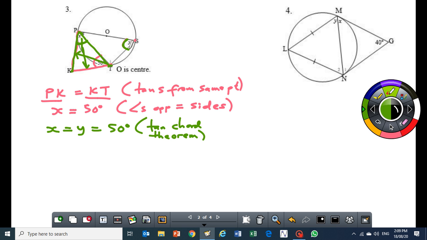Or you can say this tangent and that chord KT form this angle which is 50, and this chord PT subtends angle S, which is equal to Y. So Y is equal to 50 degrees. You can use either tangent, PK or KT. You still get 50 degrees.